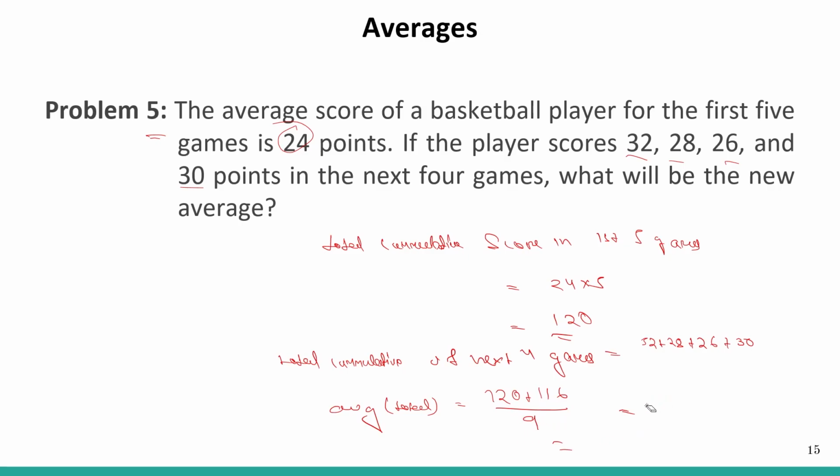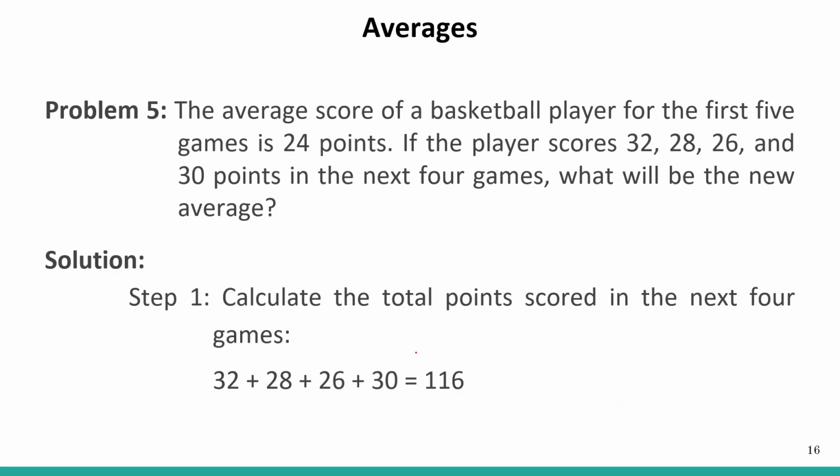This is equal to 236 by 9, right? No, it won't be divided by 3, right? 236 by 9. Okay, so this is what we are at. So the average will be this much.